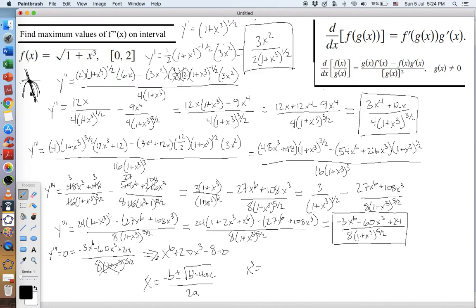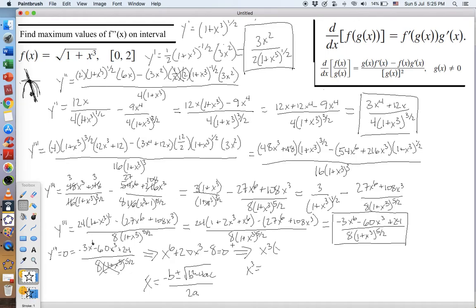We don't have a quadratic here, we've got to the 6th, but it follows the same format.